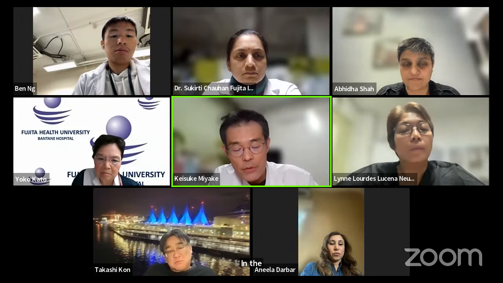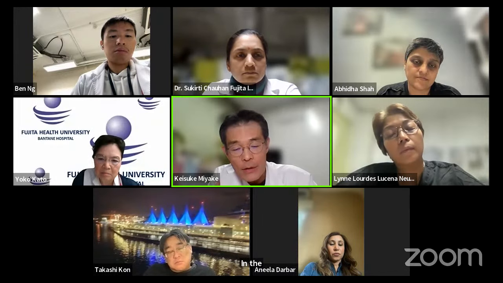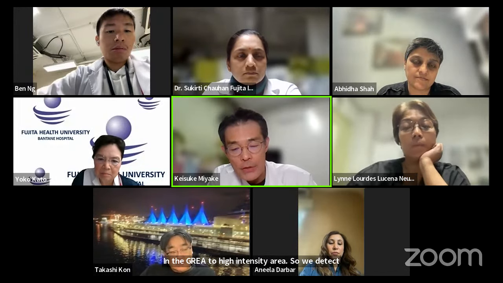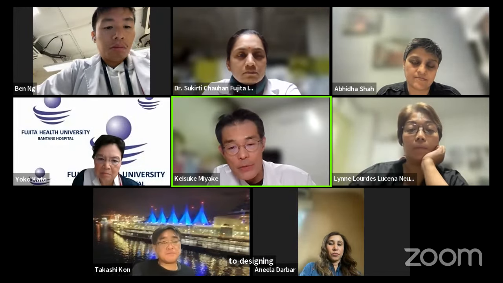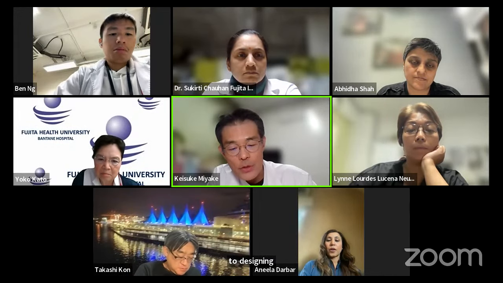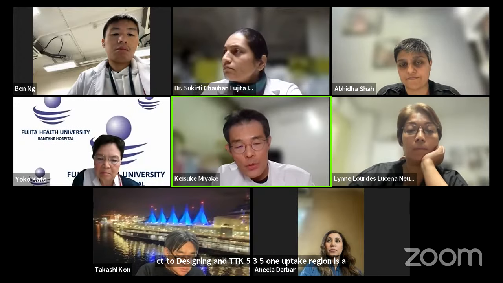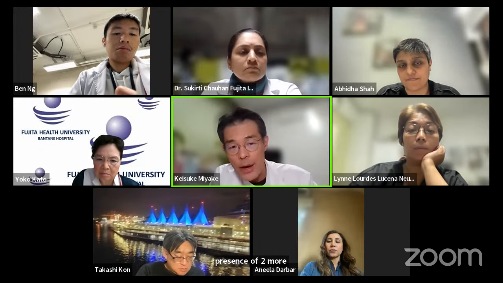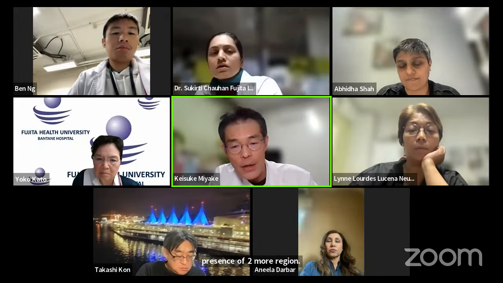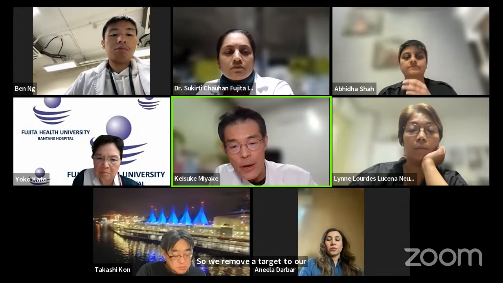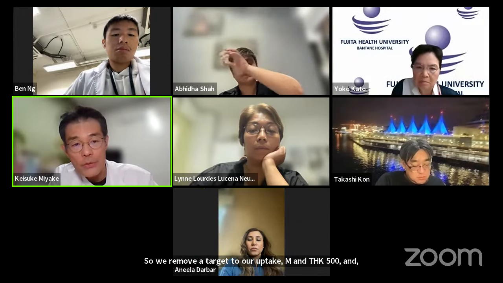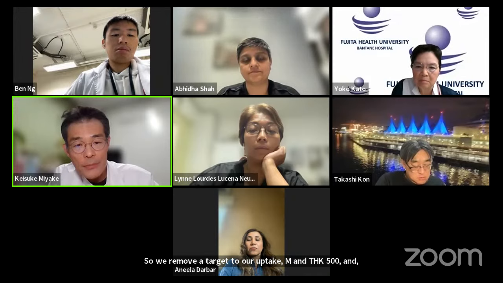So we detect methionine and THK5351 uptake regions as the presence of tumor region. So we remove, targeting the methionine and THK5351 uptake region.